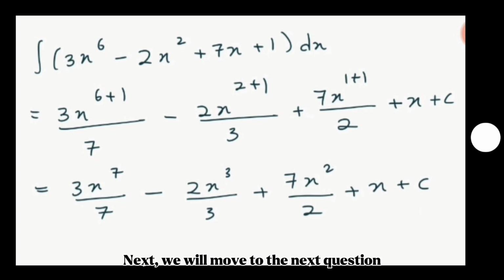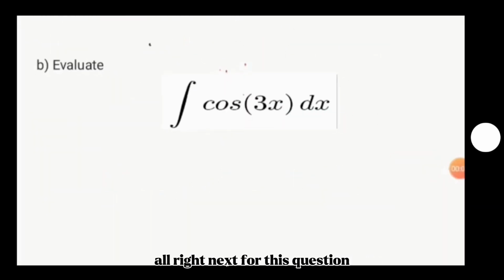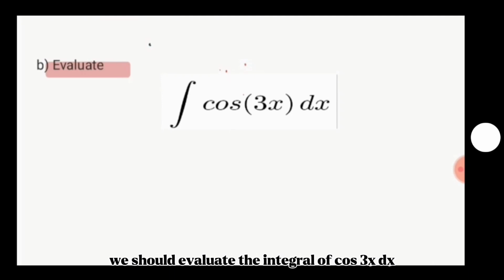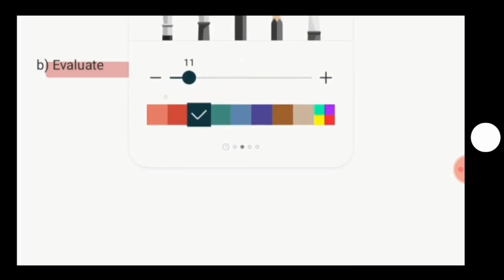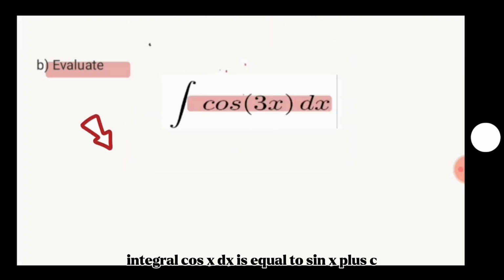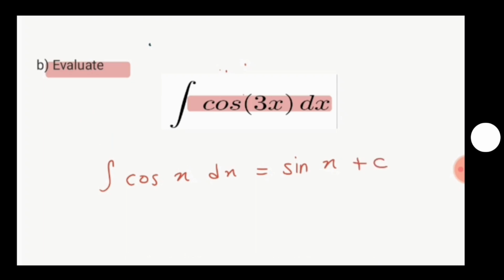Next, we will move to the next question. Alright, for this question, we should evaluate the integral of cos 3x dx. From what we learned before, we will use this formula where the integral of cos x dx is equal to sin x plus c.